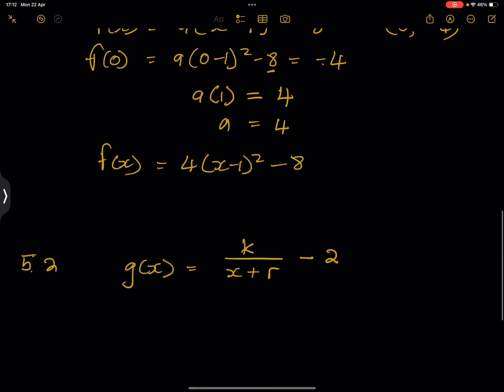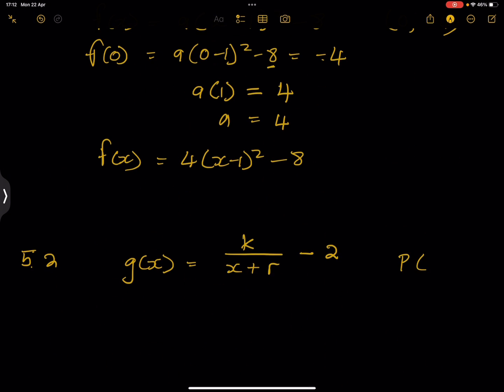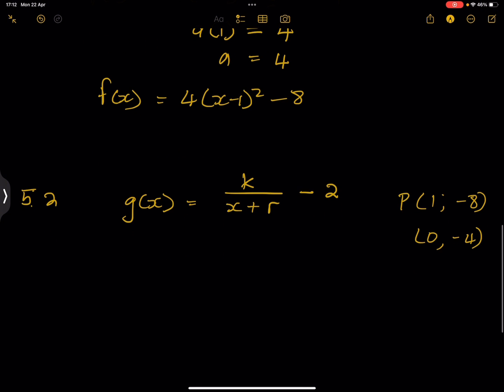So now, what can we substitute? We can substitute the point P, which is 1 and -8, but we also know the y-intercept in this case, which was the point 0 and -4. So let's get the first one. g of 0 would be equal to k over 0 plus r minus 2, and we know g of 0 is equal to -4.